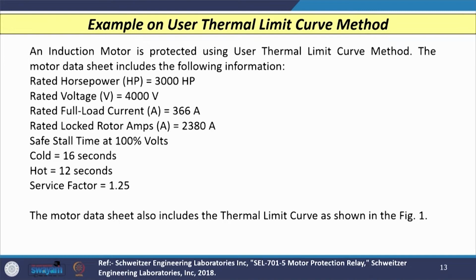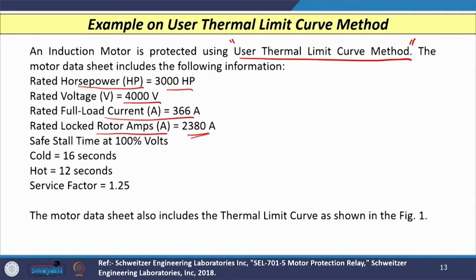So, let us understand this with one example. Let us consider an induction motor which is protected using the user thermal limit curve method. So, we will use this method. The motor data sheet has the following information: rated HP is 3000, rated voltage is 4000 volt, rated full load current is 366 ampere, and rated locked rotor amps is 2380 ampere.